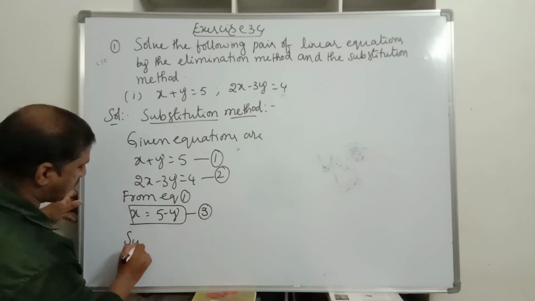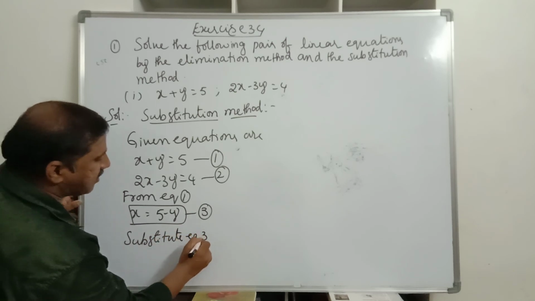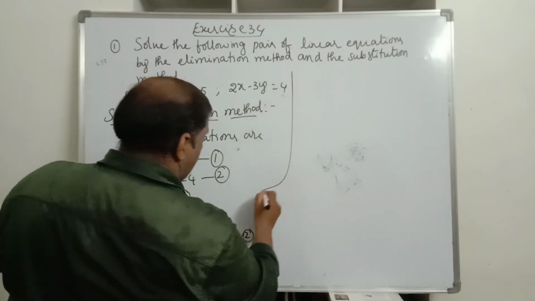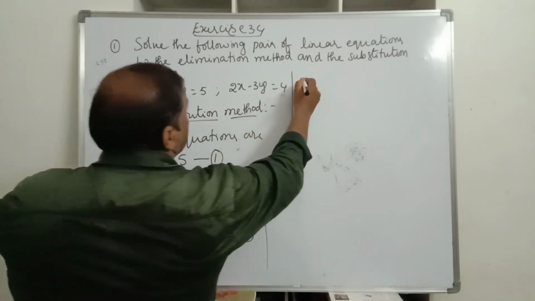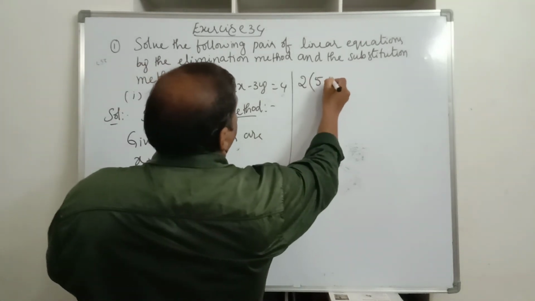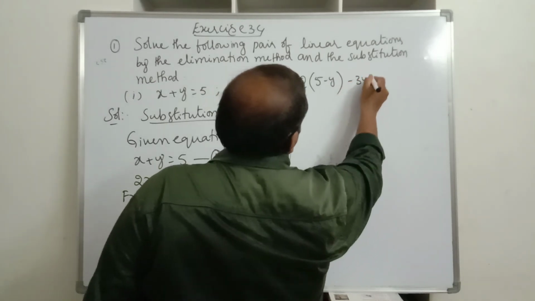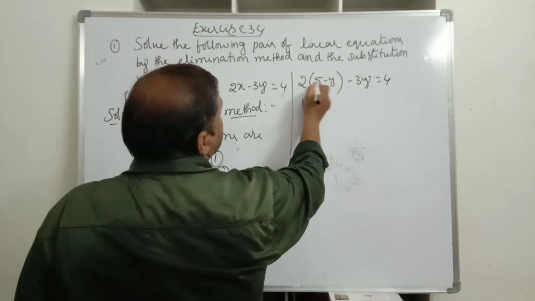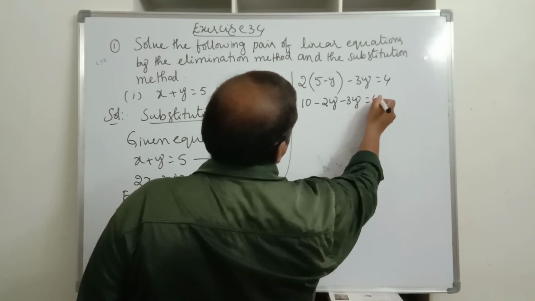Now substitute equation 3 in equation 2. What is equation 2? It is 2x, means 2 into x, that is 2 into (5 minus y) minus 3y equals 4. 2 5s are 10, and 2 into minus y is minus 2y, minus 3y equals 4.